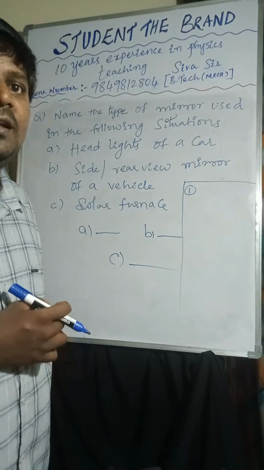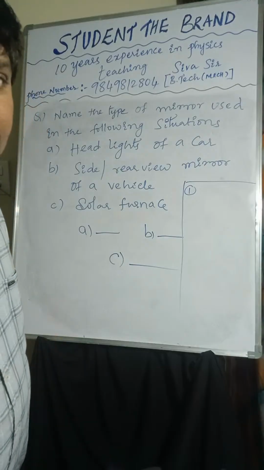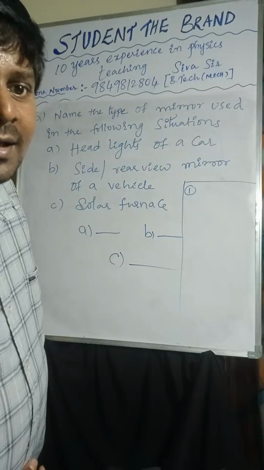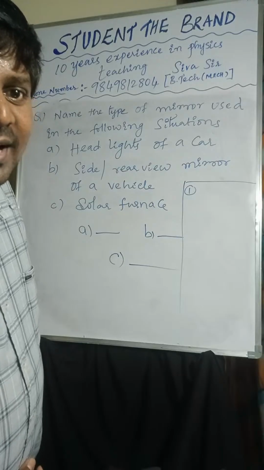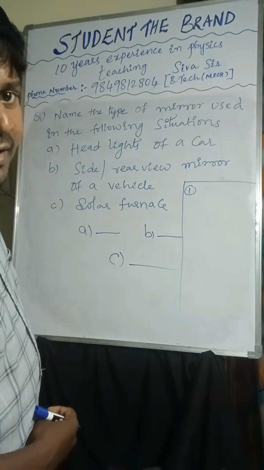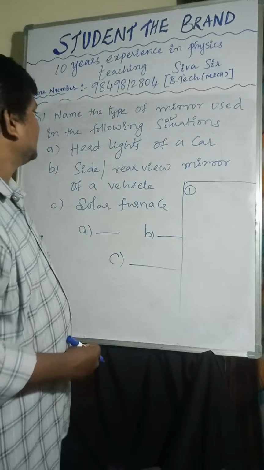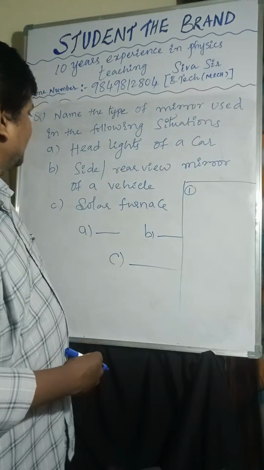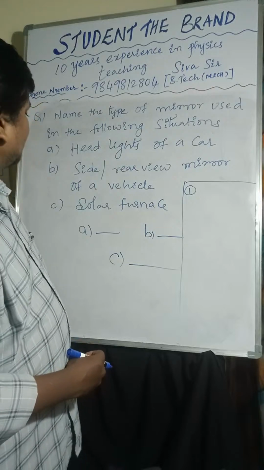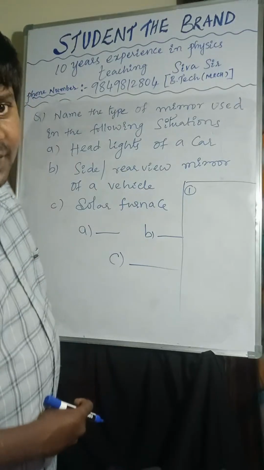Name the type of mirror used in headlights. Okay, so concave, no. Convex, concave. C is correct. A is wrong. B is correct.